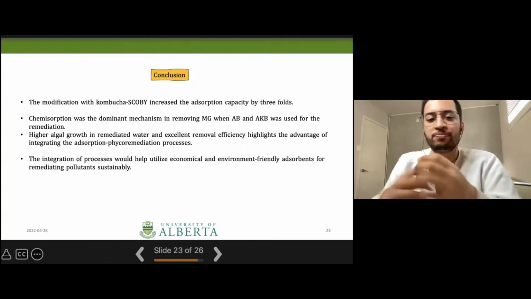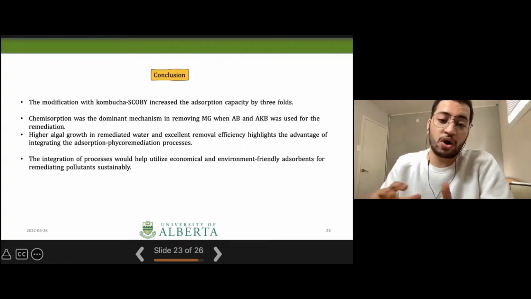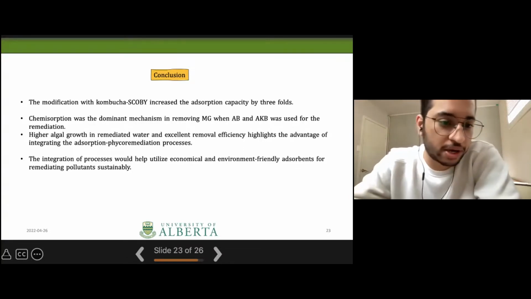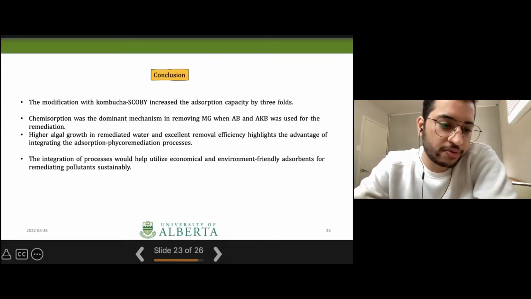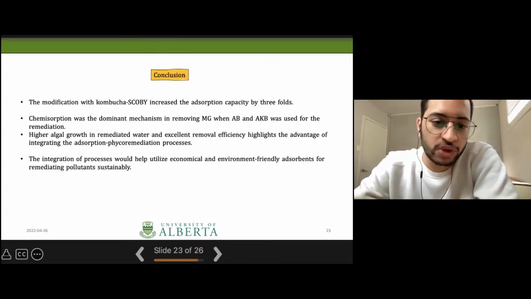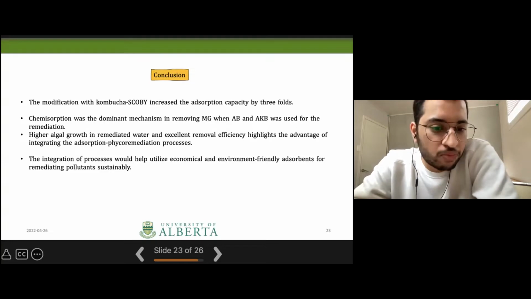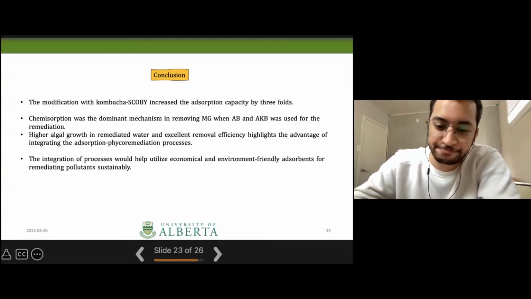And if we combine both the processes, the removal efficiency could reach almost 98%; it could remediate the malachite green from the solution. So we believe the integration of this process could be used to efficiently remove the dye, and this type of novel modification can be environment friendly as well for remediating more pollutants of similar types.